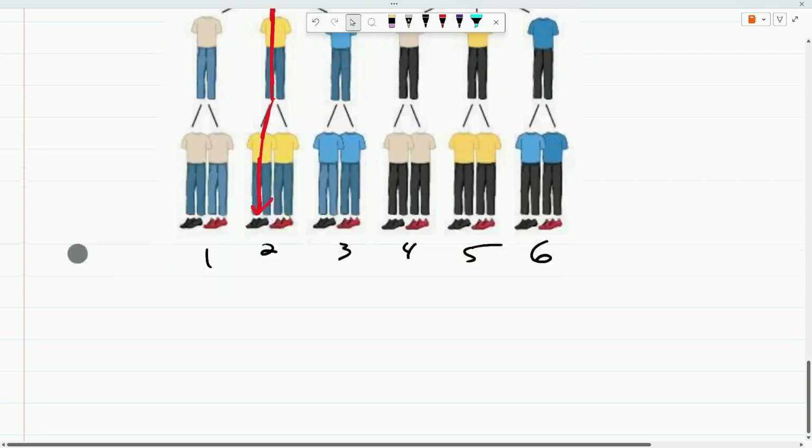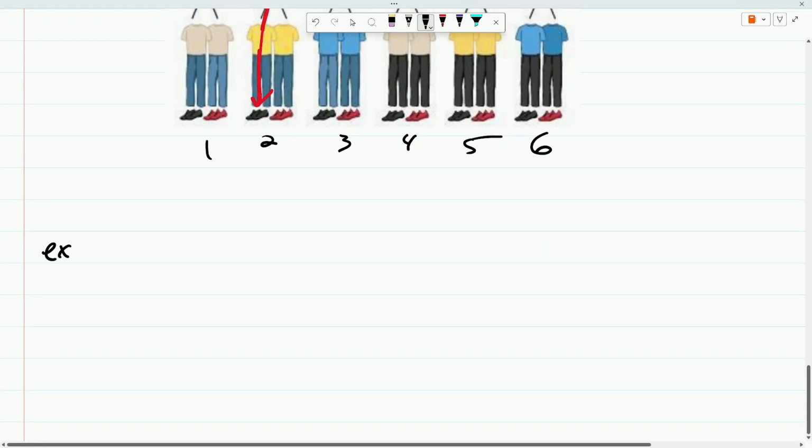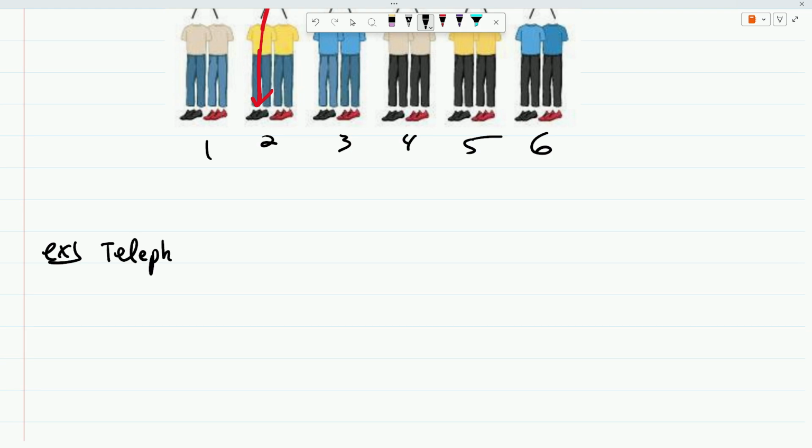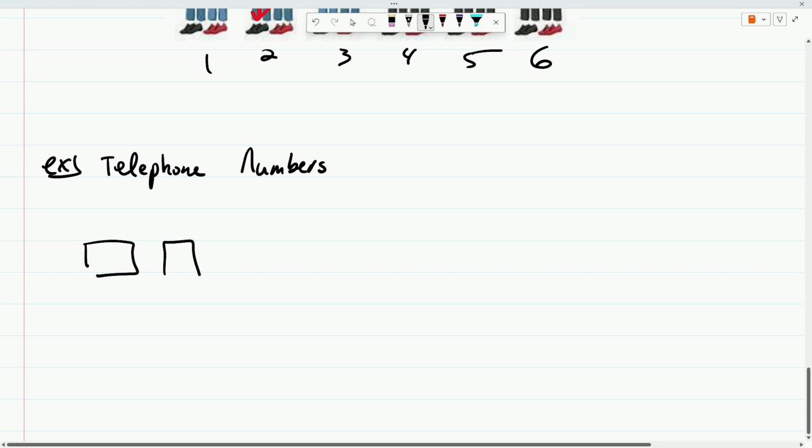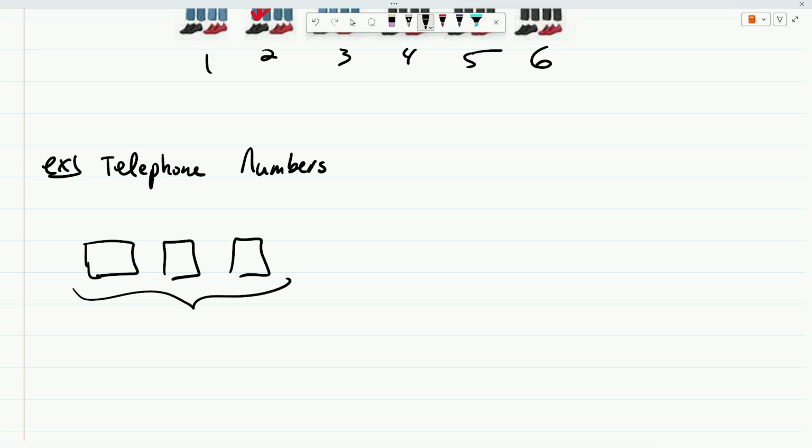Okay, the last example I'm going to do for us is going to be one where there are restrictions, just so you can see how this works. So we're going to talk about telephone numbers. Now, if you think about what a telephone number has, first, there are 3 numbers out front, which is going to be the area code.